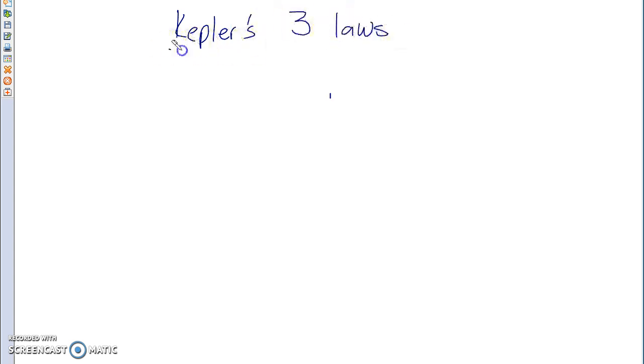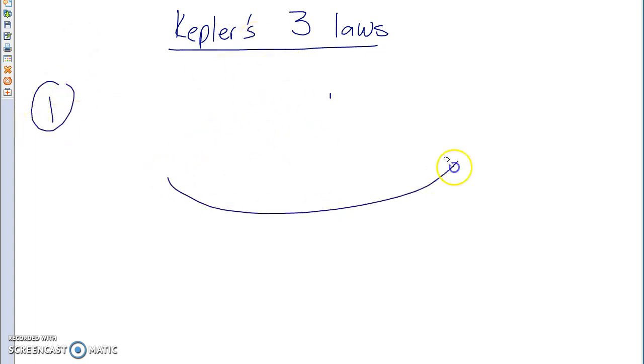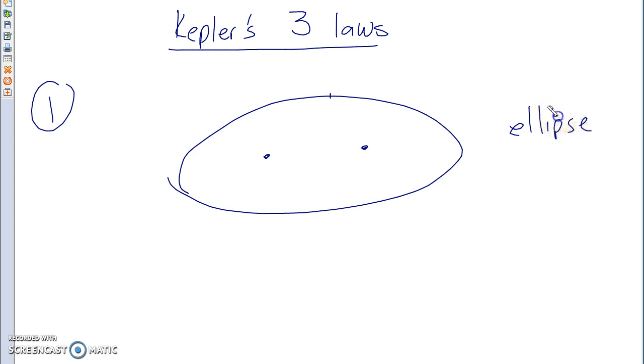Okay, the first law we said was his understanding that all orbits are ellipses. That's the first thing he discovered, with the sun at one focus and the second focus is an imaginary point.